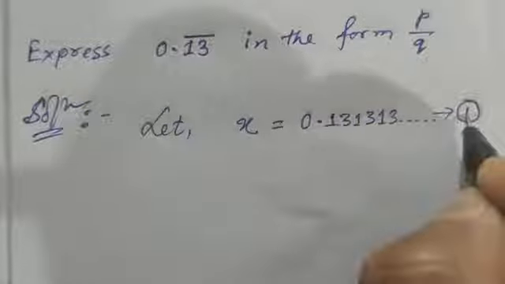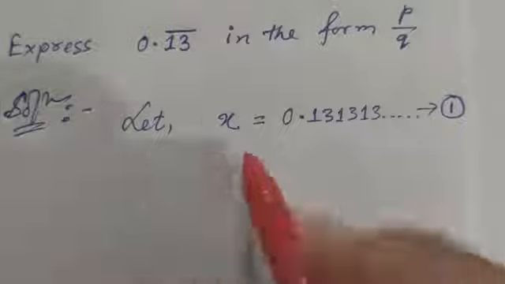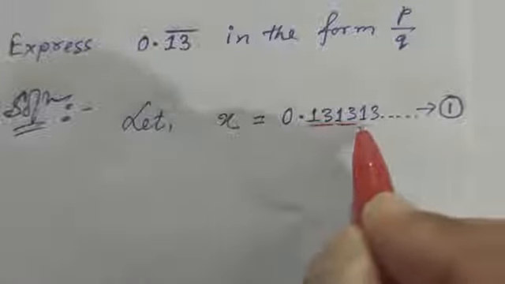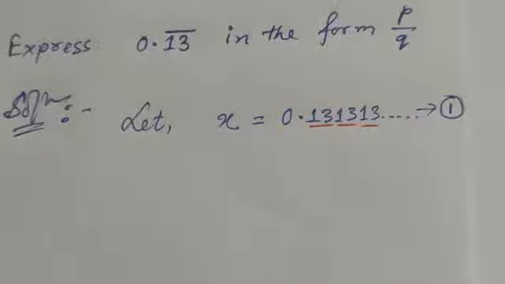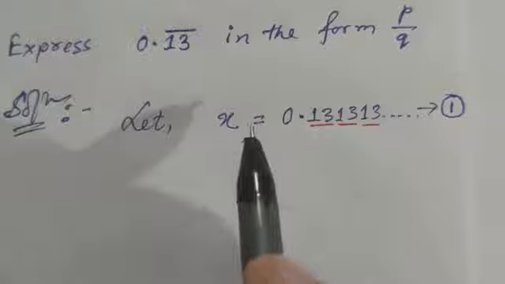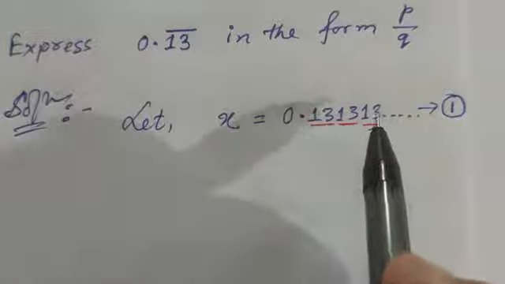Say it is equation number 1. If you observe it carefully, you will see that there are two digits repeating: 13, 13, 13. As I said in the previous solution, when one digit is repeating, you multiply with 10. If two digits are repeating, then you multiply with 100.